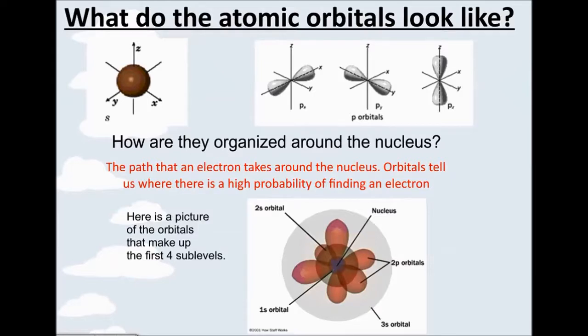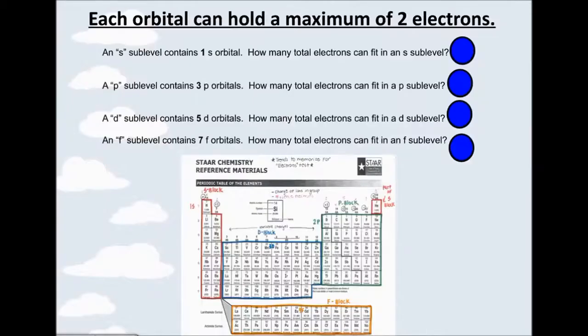These atomic orbitals are the path the electron takes around the nucleus. They tell us where there's a high probability of finding an electron. At the bottom, there's an example of the orbitals that make up the first 4 sublevels. You can see the S is in the middle, then on top of it you've got these figure 8s. They build upon each other, making up this electron cloud.